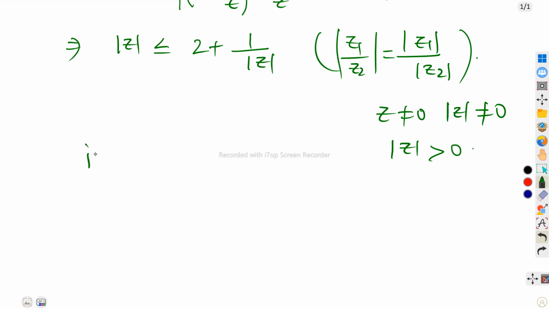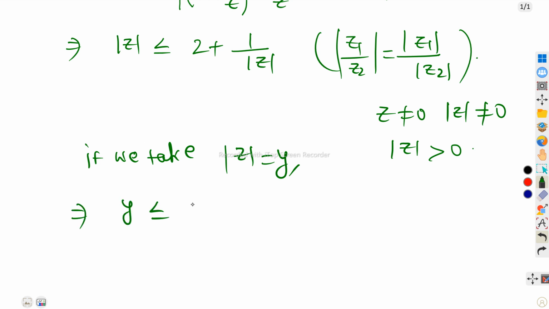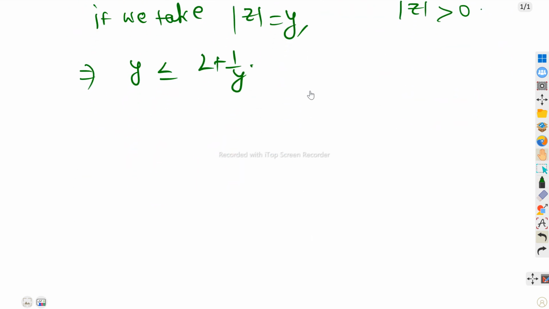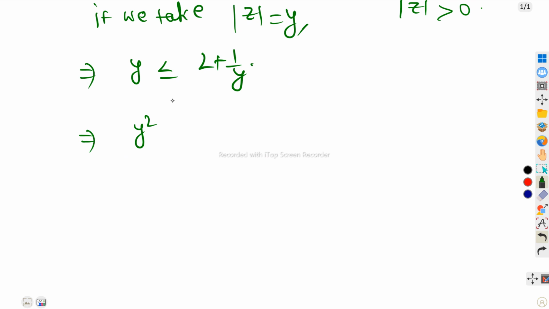If we take mod z equals y, then this inequality can be written as y is less than or equal to 2 plus 1 upon y. This becomes y square less than or equal to 2y plus 1, that is, y square minus 2y minus 1 is less than or equal to 0.